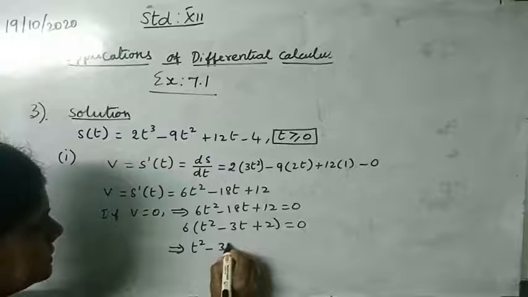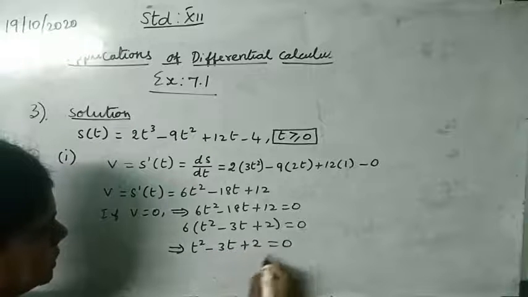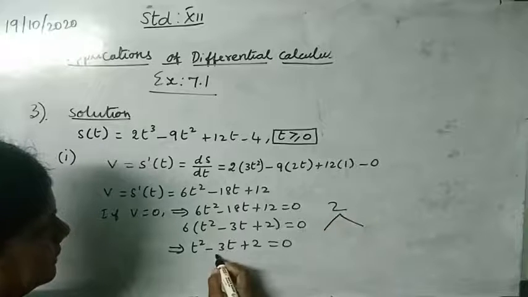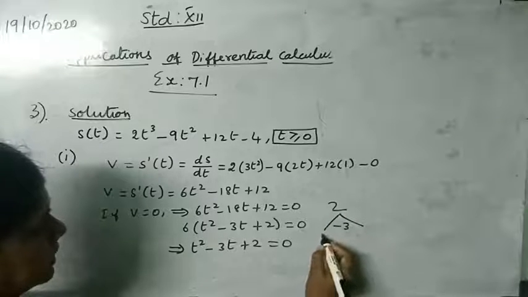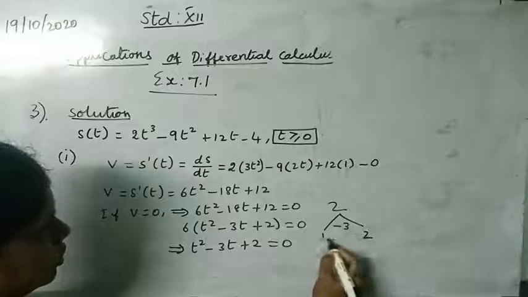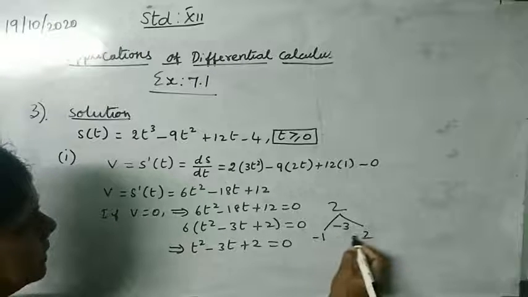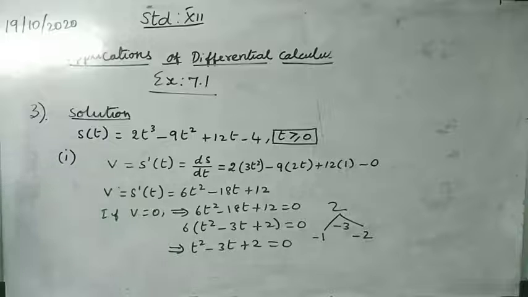When I factorize, the factors of 2 are 1 and 2. 1 times 2 is 2, 1 plus 2 is 3, but here it is minus, so take minus on both the factors.